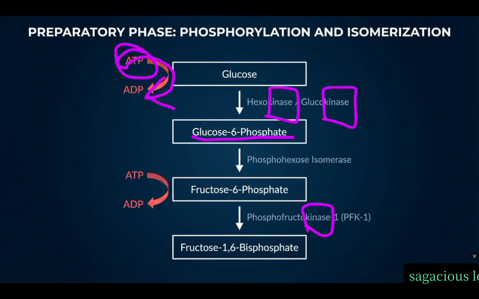The same thing: the conversion of fructose-6-phosphate is stimulated by the enzyme phosphofructokinase type 1. And what is the kinase doing? It's taking an ATP molecule and converting fructose-6-phosphate to fructose-1,6-bisphosphate.